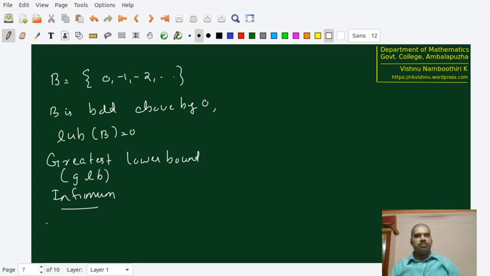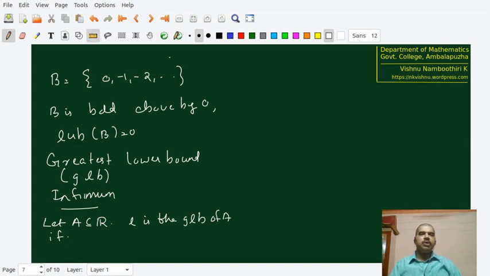So the conditions are the following. Let A be a subset of R. L is the GLB of A if it satisfies the following two conditions, just as in the case of Supremum or LUB.